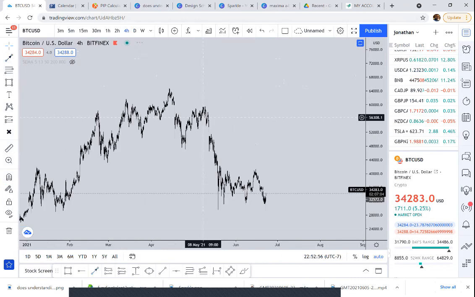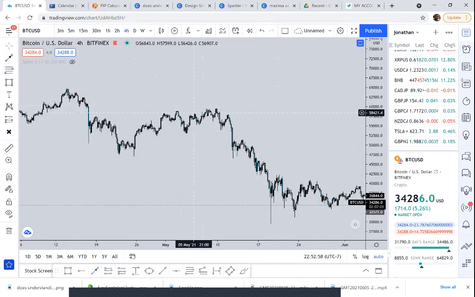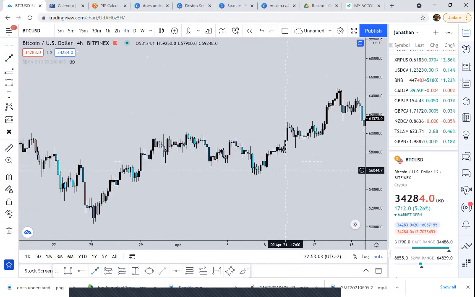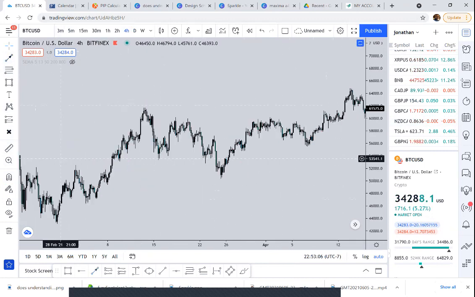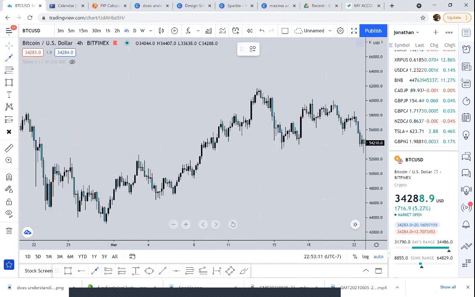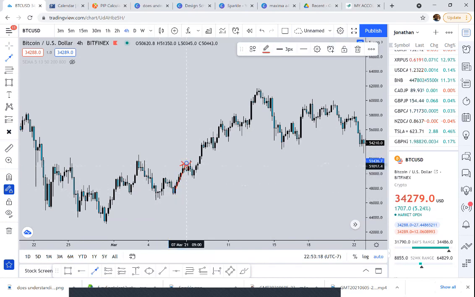So what I was talking about right now is something simple like this. We'll use this area right here. We'll use this one here, okay? So technically what we're doing here is higher high, higher low, higher high, higher low, higher high, higher low, higher high, higher low, higher high, higher low, failed equal high.